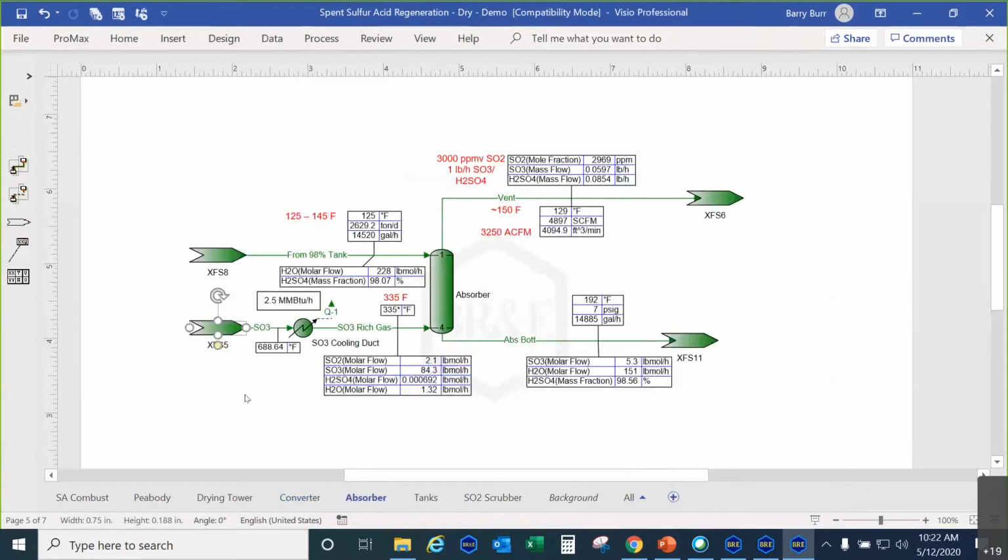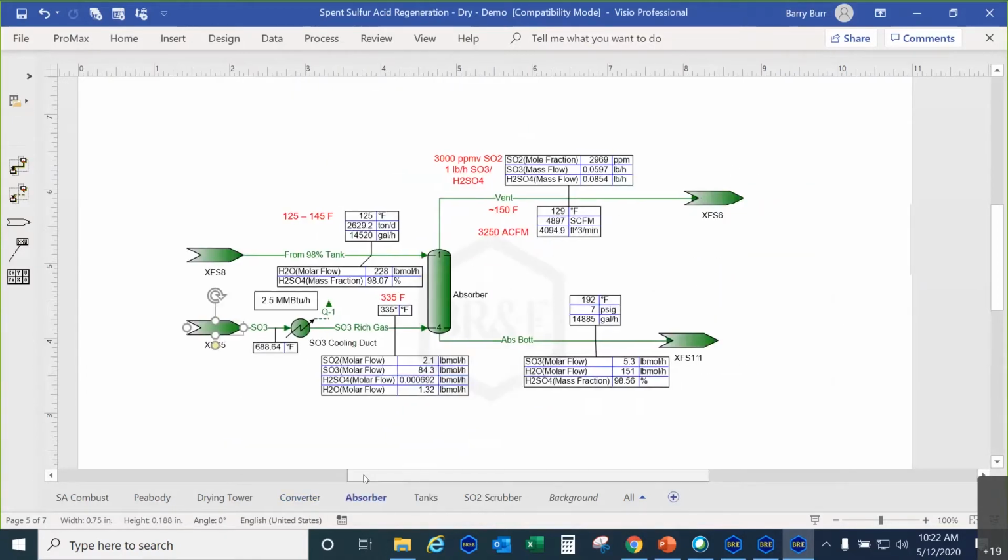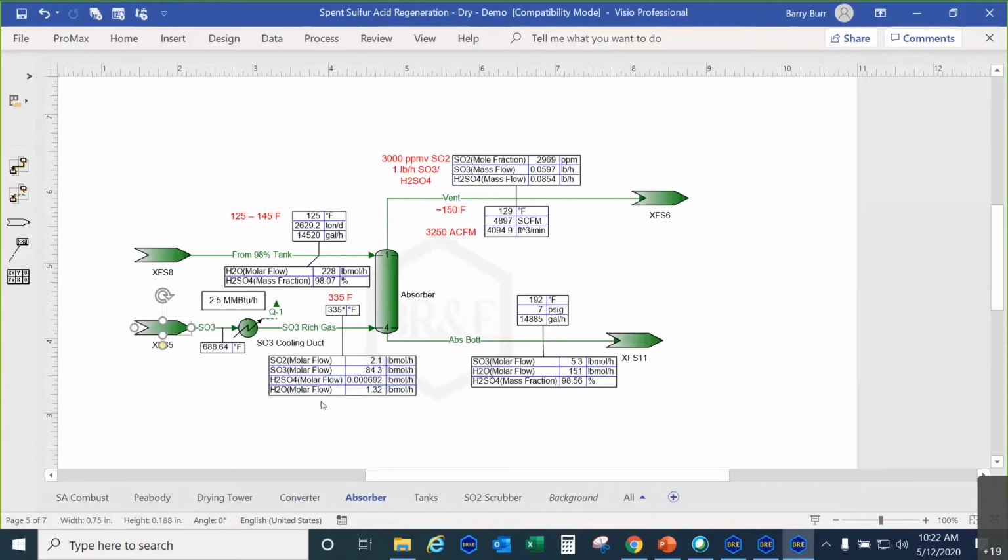And then we move over to the absorber, and once again we have an SO3 rich gas, and we don't just mix it with water to form sulfuric acid. I mean, that's the reaction that occurs. But if you just mixed SO3 rich gas and water, there's a lot of heat of reaction that has to be absorbed by the contents.